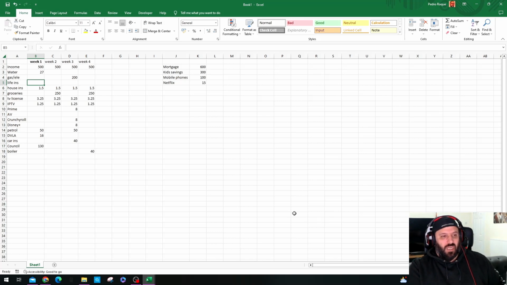My life insurance. This is funny. When I did the mortgage and all those initial agreements, I was advised to take a life insurance, and that life insurance would cost me £180. But they had some apps where we could do some steps and some exercise, and it would reduce the cost throughout the years.